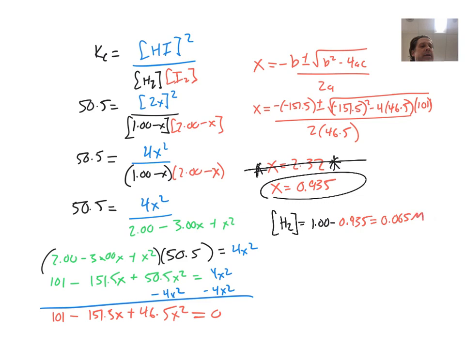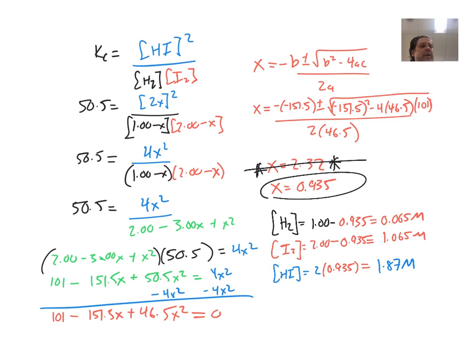For I2, it was 2.00 minus x, and so now we take the 0.935, and when you subtract that, you get a value of 1.065 molar. And then lastly, the concentration of HI at equilibrium is equal to 2 times x, which in this case is 2 times 0.935, and when you multiply that out, you get a value of 1.87 molar.